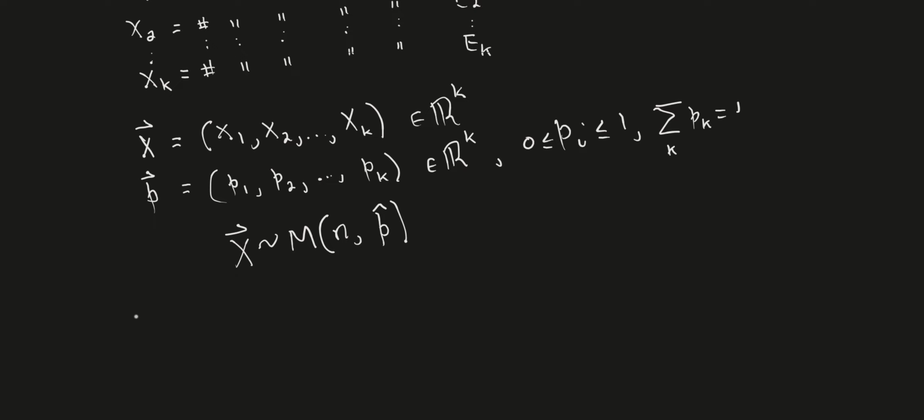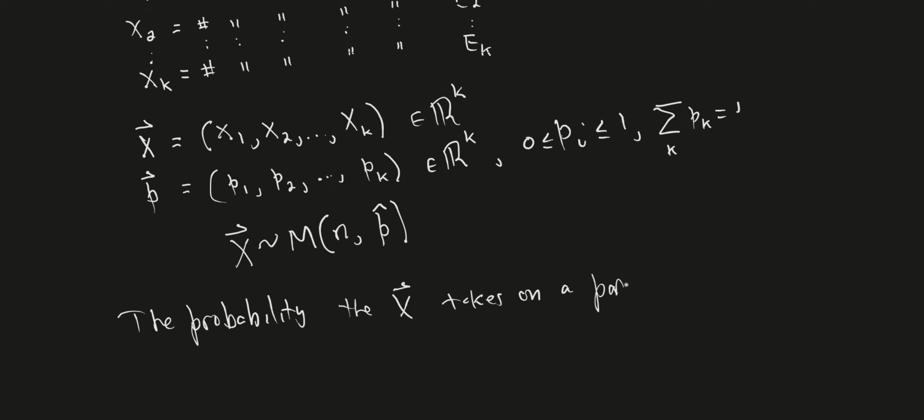Okay, so the probability that our vector x takes on a particular value. Now that value is also going to be a vector, right? So a particular value, and that value is little x, but it will be a vector.